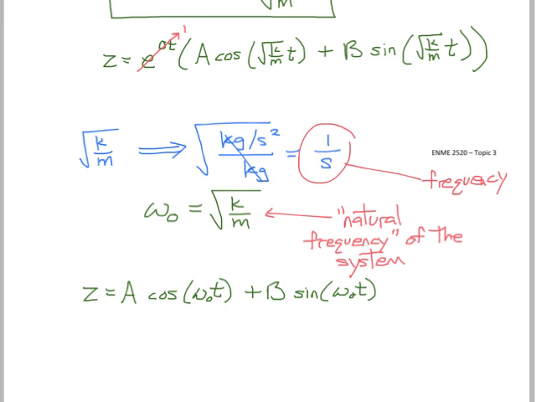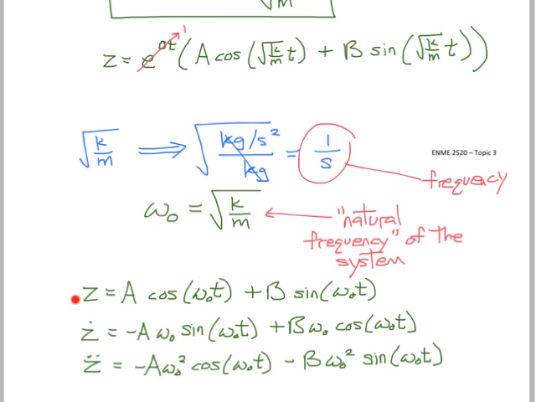And our only unknowns now are the coefficients a and b, which we can determine by applying the boundary conditions. We're solving a second-order differential equation, so we need to take our assumed solution for the position, z, and differentiate this twice to get z dot and then z double dot.